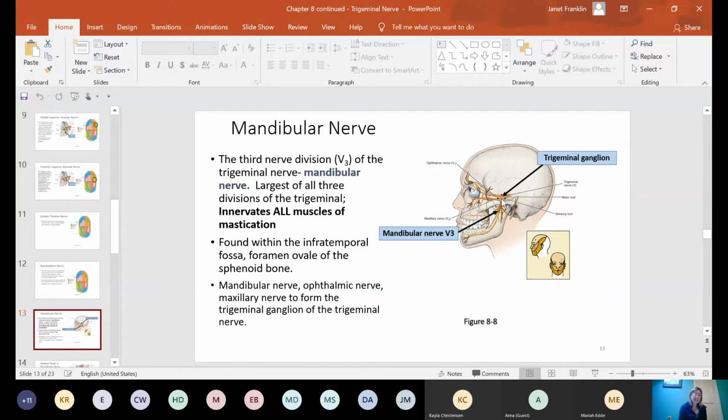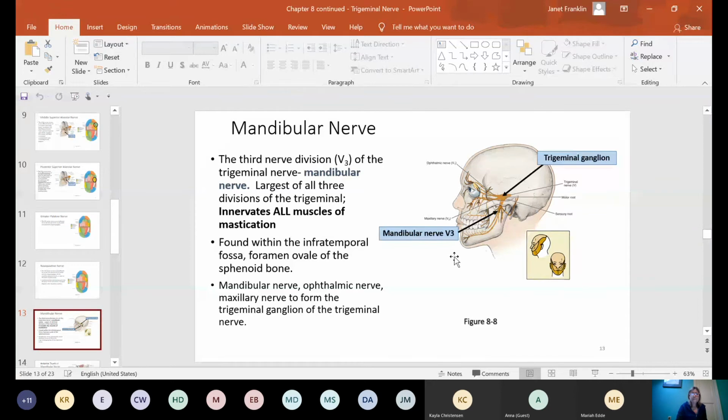So maxillary passes through the foramen rotundum, mandibular passes through the foramen ovale. And just as a little review here, foramen rotundum and foramen ovale. So now you can kind of see where those come through.